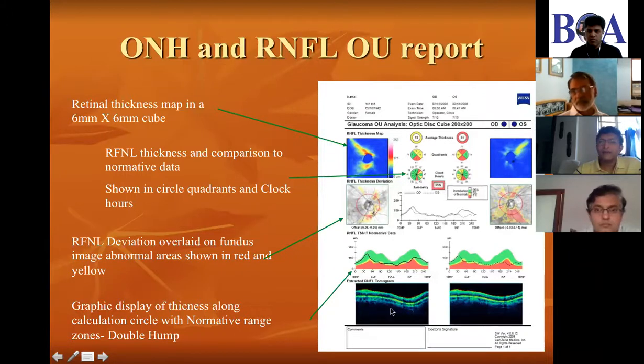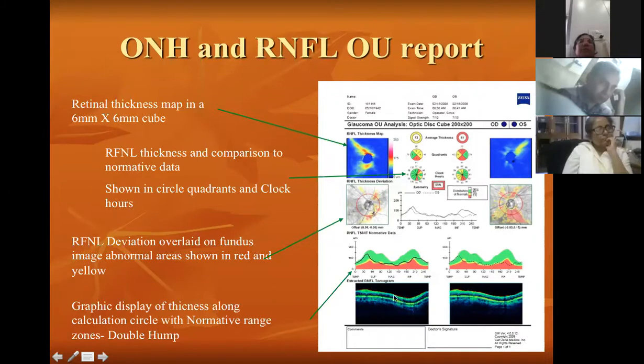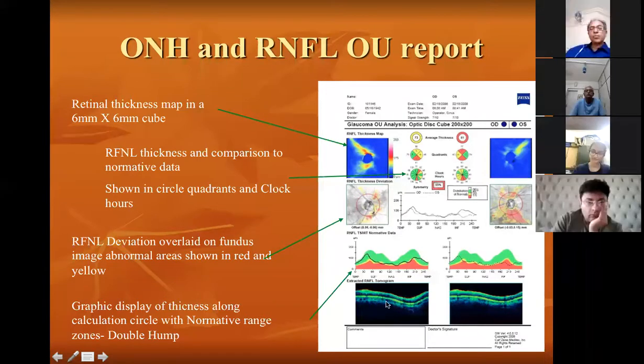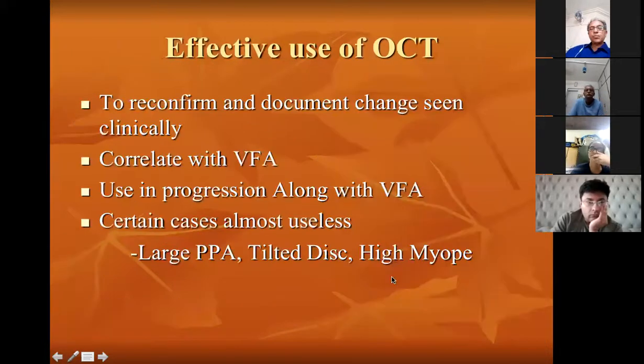Segmentation is equivalent to the gray scales in your visual field, and if there are any artifacts or imaging defects where the machine is making a mistake, it will show up on your segmentation graphs. So if you see the segmentation not being done properly, or if you see shadows inside, that means your data is likely to be affected by it.